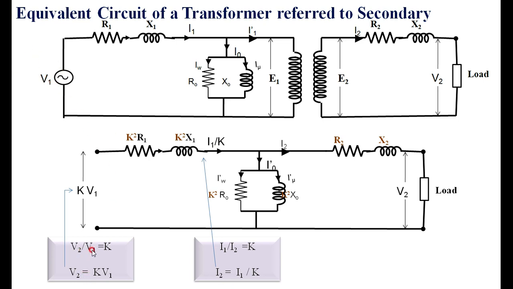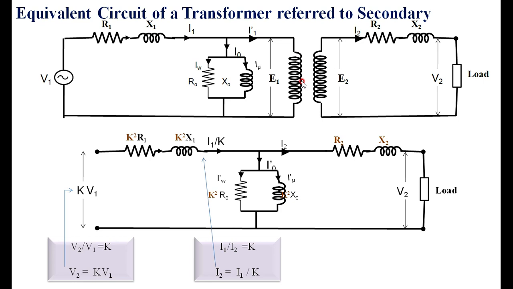Once again, I apply V2 by V1 is equal to K. What I am interested in is V2. V2 is nothing but K times V1. Therefore, I am writing here K times V1. This is how we are transferring R1 X1, R0 X0, I1 and V1 to the secondary side.